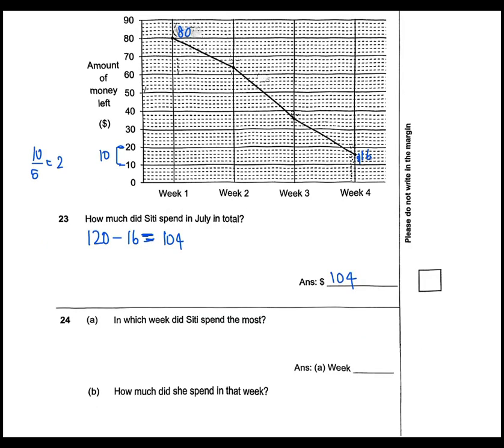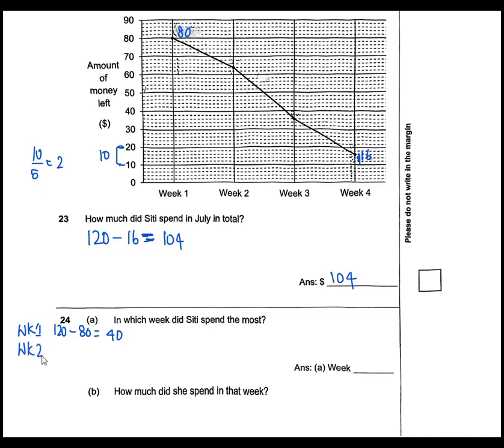So now let's take a look at this. Initially, she had $120. At the end of week 1, she had 80, which means she spent $40 in week 1.